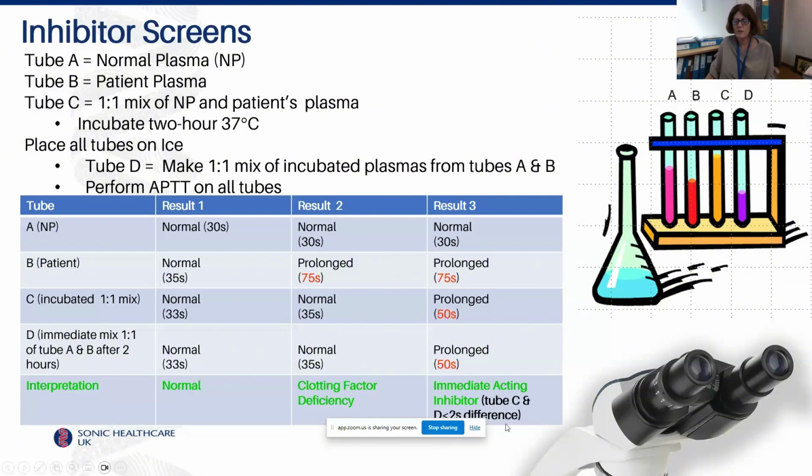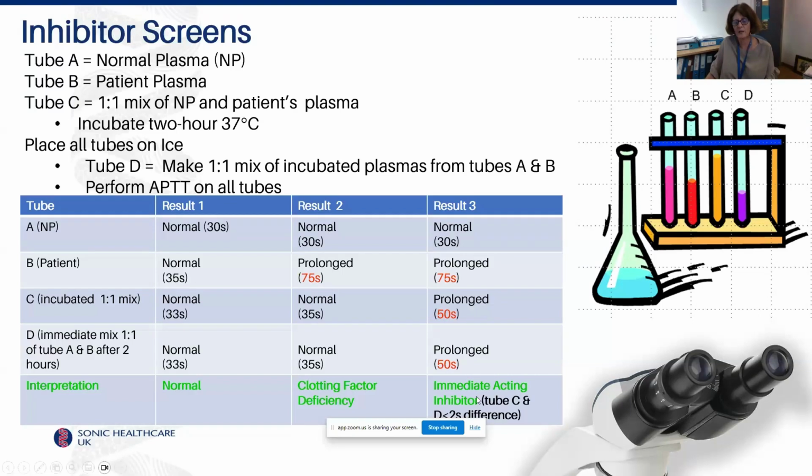And if you've got an immediate acting inhibitor, you are going to see that tube C is prolonged and tube D is prolonged, so you've got poor correction on these 1-to-1 mixed tubes C and D. What we're looking for in acquired haemophilia is an incubated mixture in tube C that is much more prolonged than tube D's 1-to-1 mix.